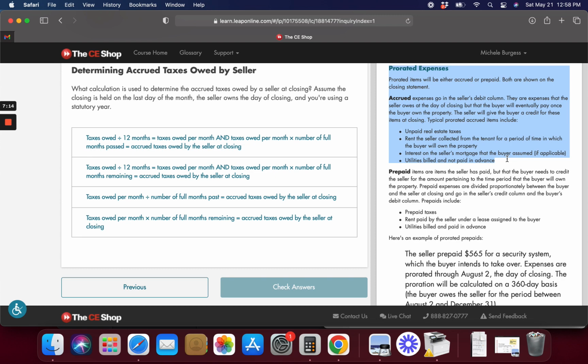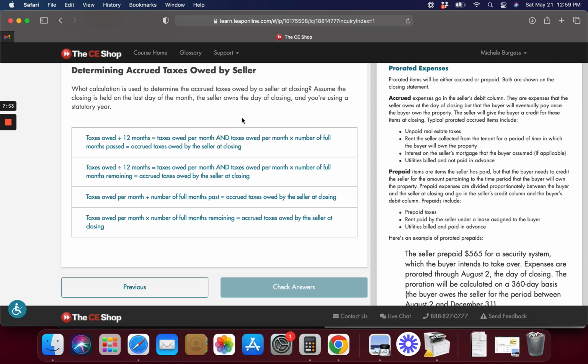The mortgage company will do it, and they will go by the calendar date. They will figure it out by how much is left. So whatever unpaid real estate taxes, they will figure it out. Rent collected, HOA fees, interest on the mortgage, utility bills that were not paid yet, and the seller will owe these. It will go as a debit in the seller's column.